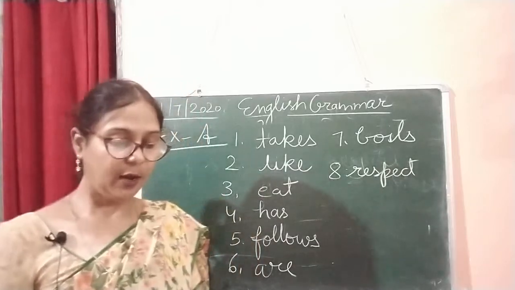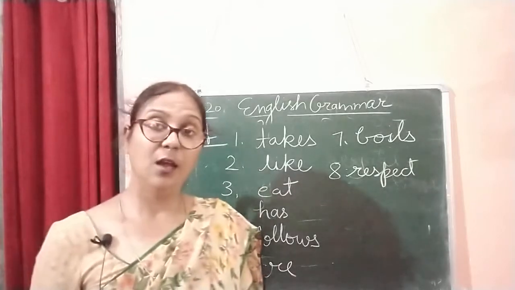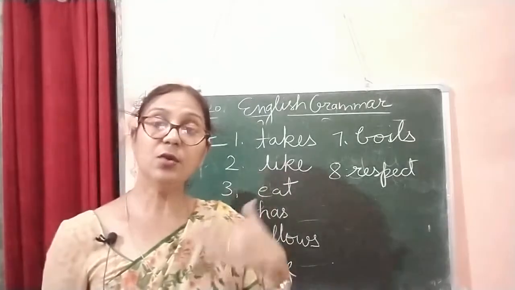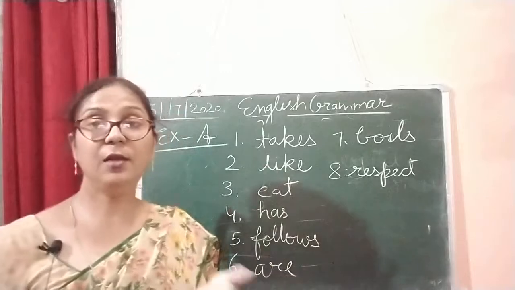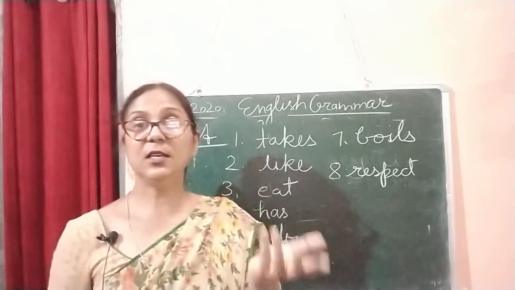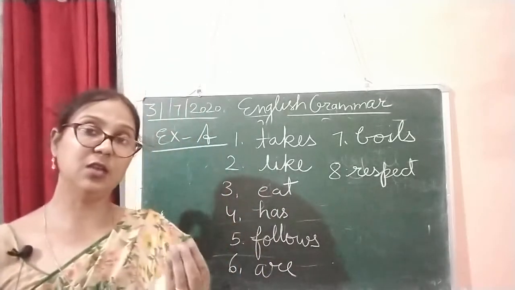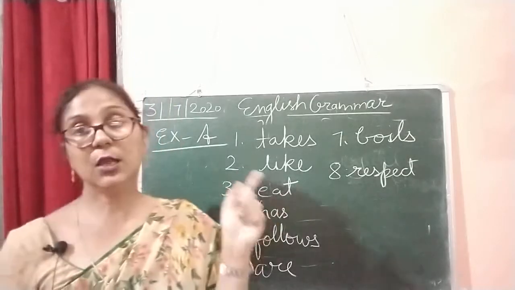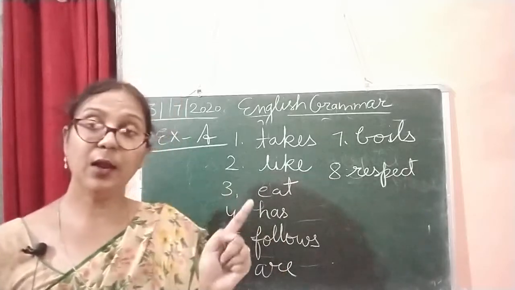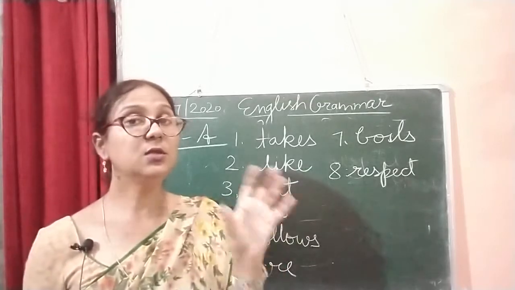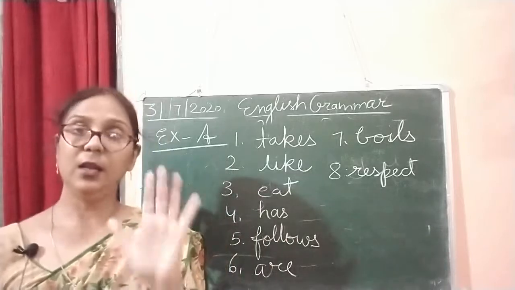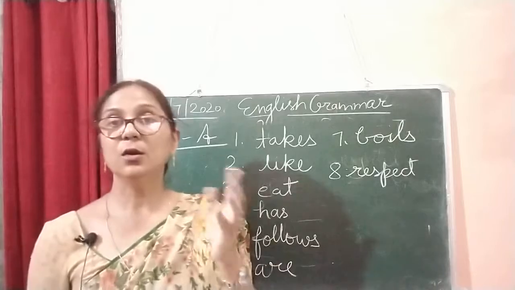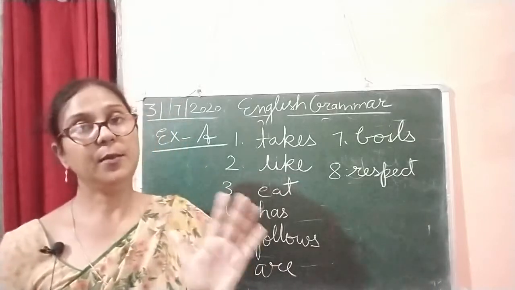Now, we are moving to the features. What we have discussed in this present tense, we have to revise again. First of all, we have discussed that present tense denotes the action which is done in the present. Second, with the singular subject, we are supposed to use S or ES. With the plural subject, we are supposed to use only the simple main verb.